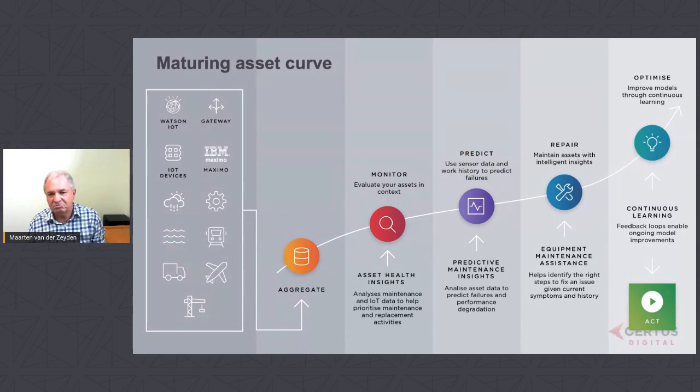The next 10 years, it seems, will be focused on developing our insights. So analytics, understanding what the patterns mean for individual assets, but also for groups of assets or classes of assets, and hierarchies of assets, and how they collectively deliver a service.